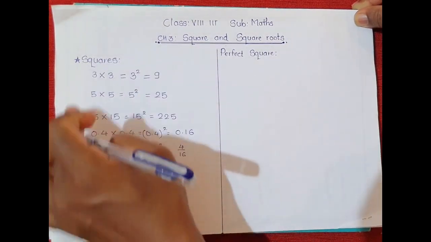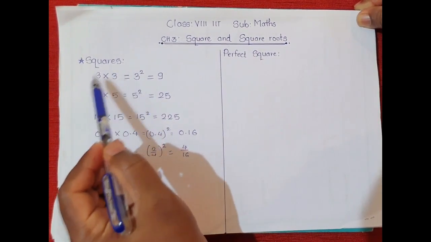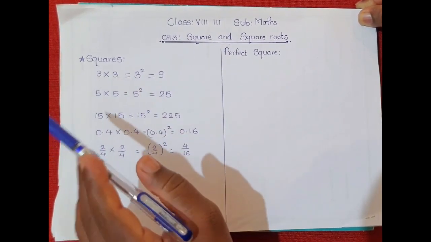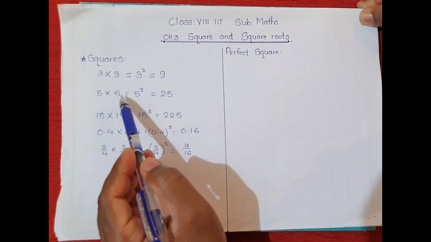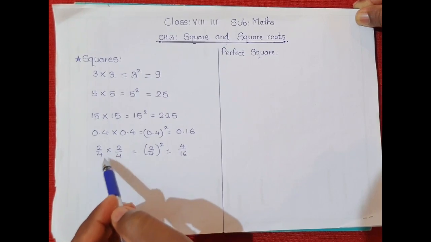Okay. So if you observe all these examples, you will come to know that each number is multiplied with itself 2 times. Okay. 3 into 3, 5 into 5, 15 into 15, 0.4 into 0.4, 2 by 4 into 2 by 4.